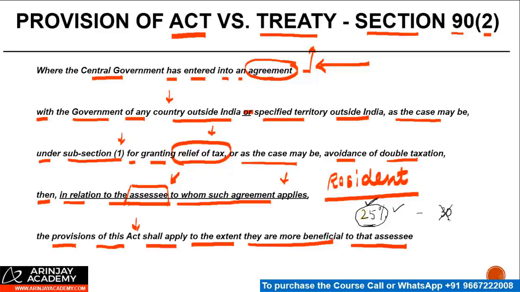But if instead of 30%, the withholding tax under the Act was 10%, then the provisions of the Act are more beneficial, right? So the provisions of the Act shall apply to the extent they are more beneficial to the assessee. The thumb rule is, if you deal between the Act and the treaty, whichever is more beneficial, that is what shall apply to the assessee.